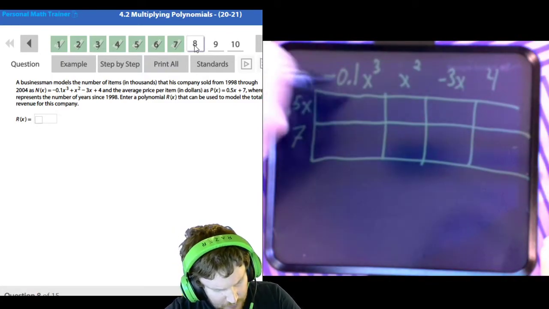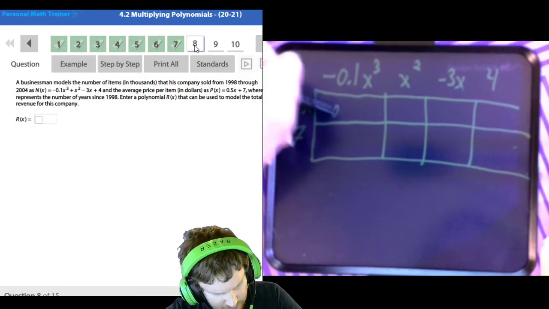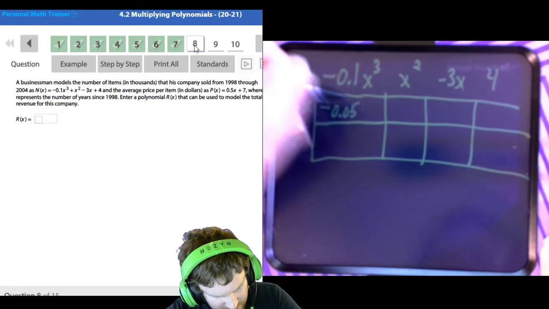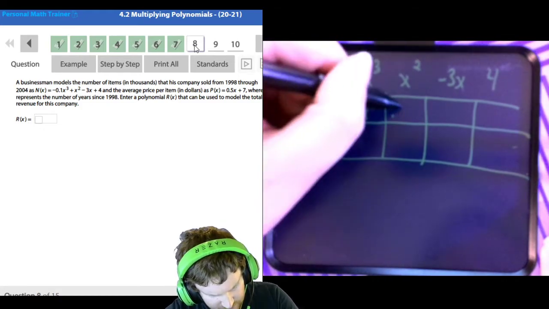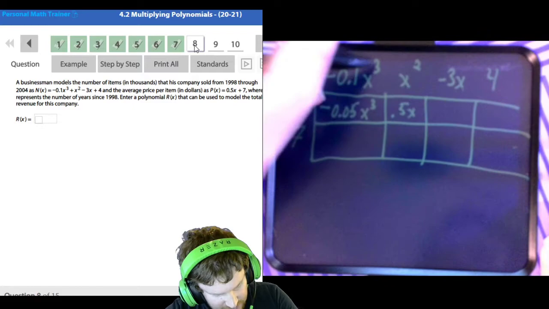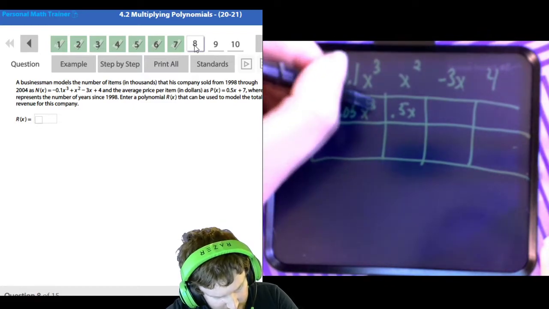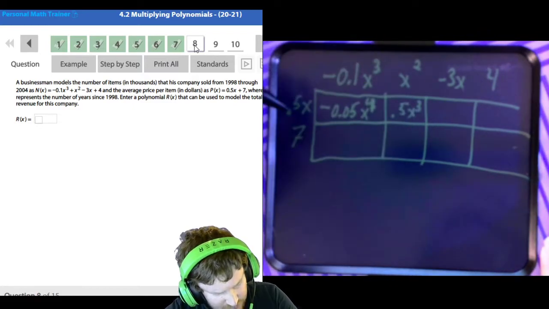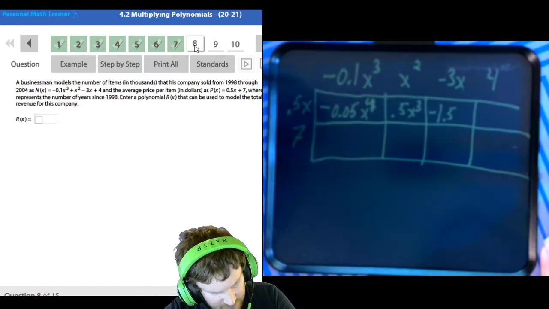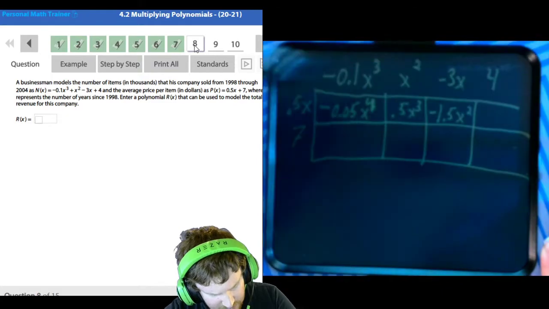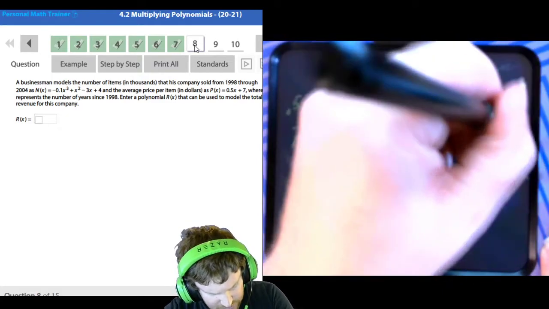Okay, 0.5 times negative 0.1 x cubed is negative 0.05 x to the 4th. This is x cubed. 0.5 is negative 1.5 x squared, and that's 2x.